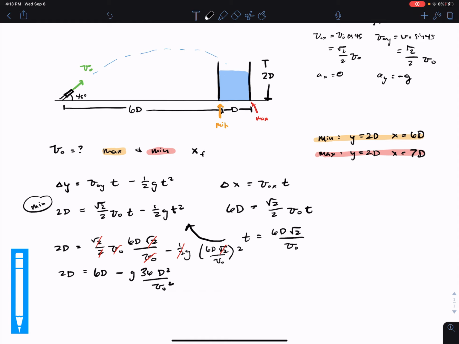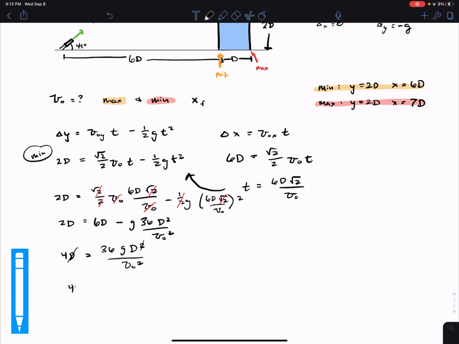All right. We solve this, we get 4d is equal to 36 g d squared, and that's going to get rid of one of the d's, over v naught squared. So this cancels this.